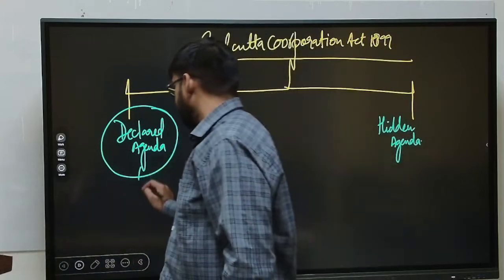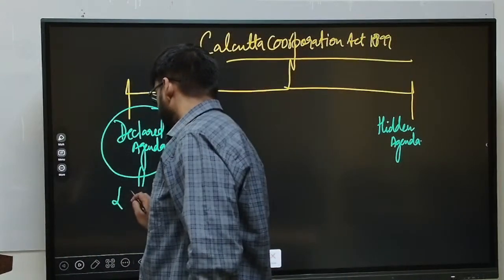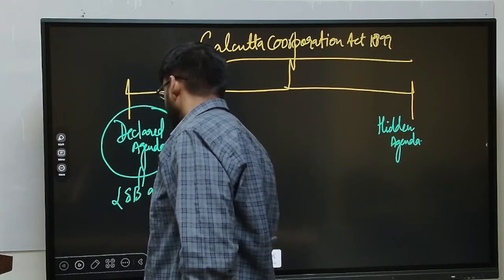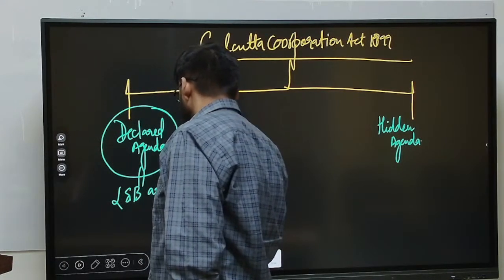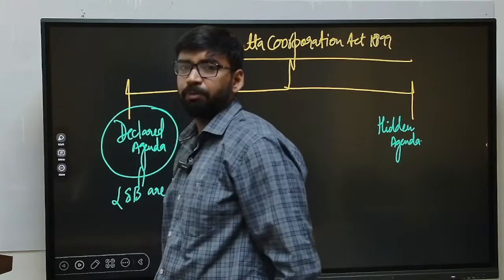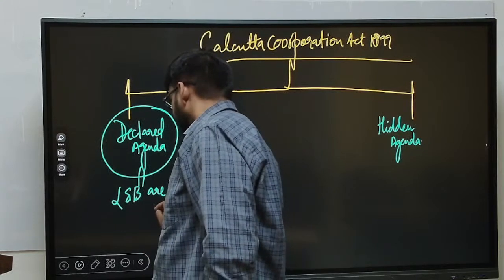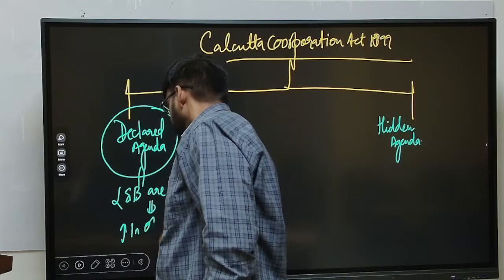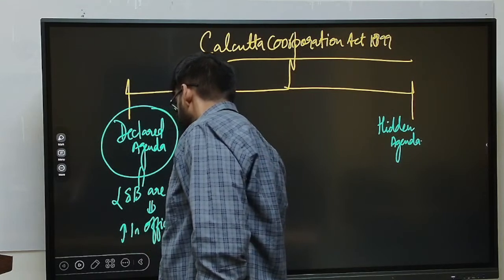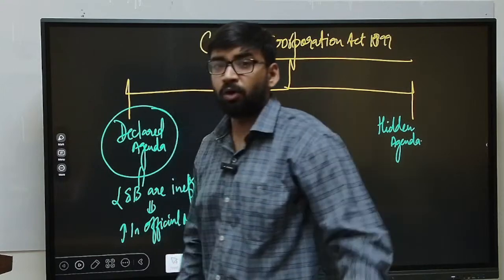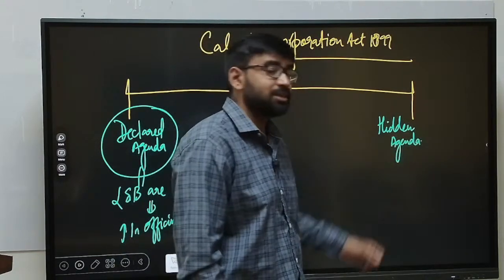So he gave the reason that local self-government bodies are inefficient. They are not able to work properly. That is why an increase in official members. Clear? Now what is the real agenda behind this?